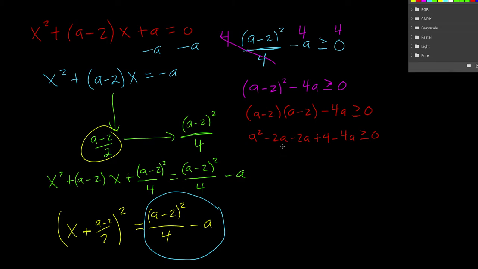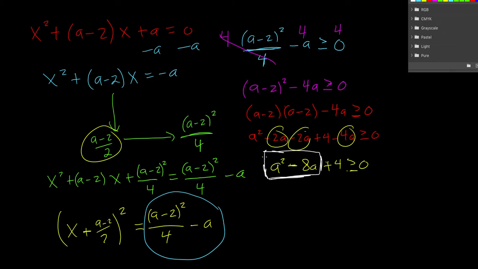Now we combine like terms, so all three of these become negative 8a, still have the positive 4, still have the a squared. Now, if we could factor this, it would be really nice. But unfortunately, we can't. So what we're going to do is focus just on this piece and go through the completing the square method one more time.